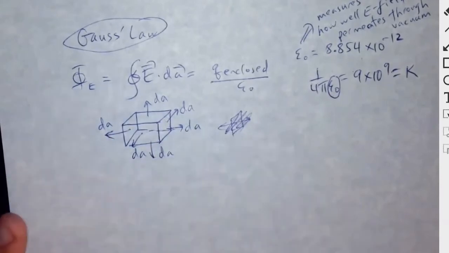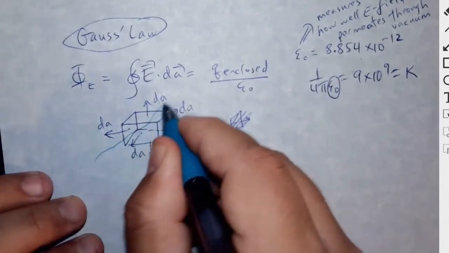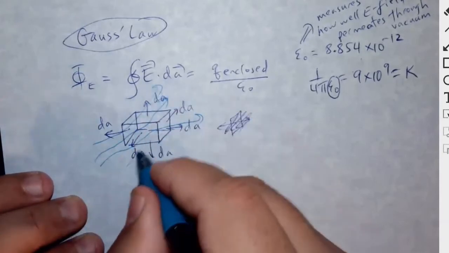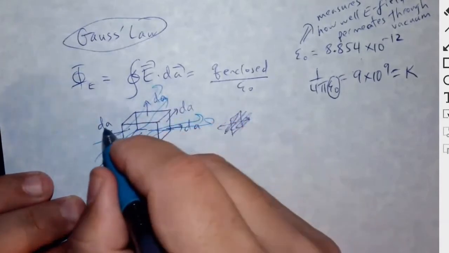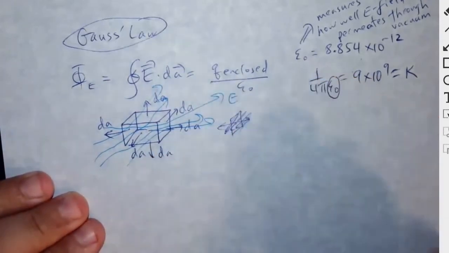So then if you're given a certain electric field that's going through that surface, let's say something weird looking, like that. So imagine this is the electric field.